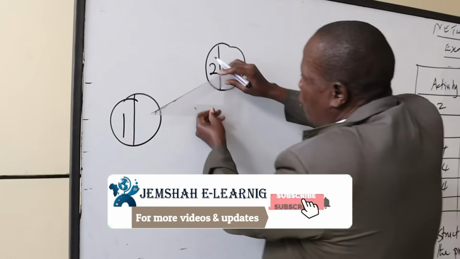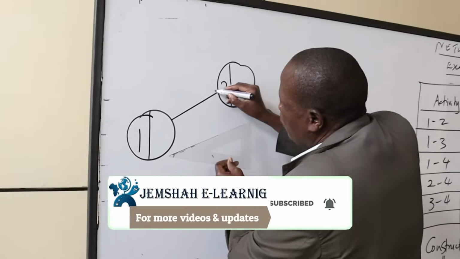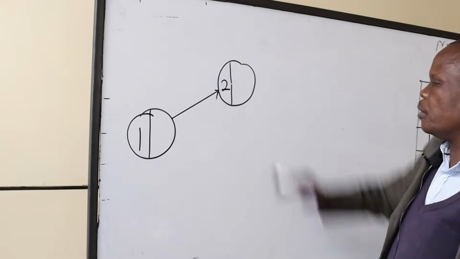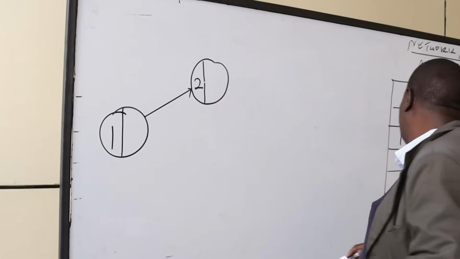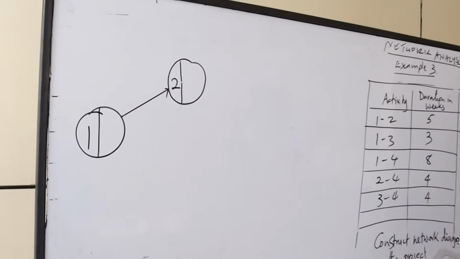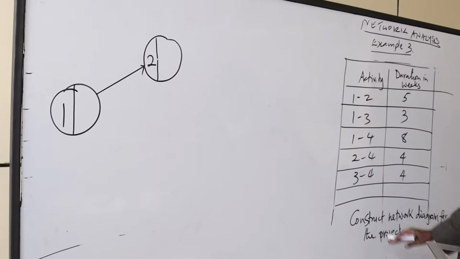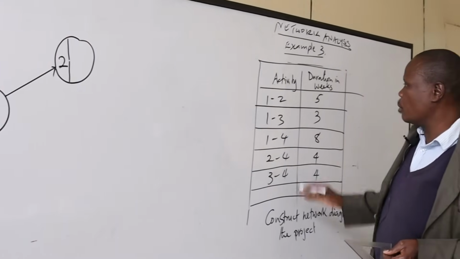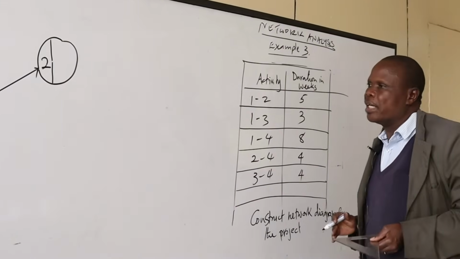Then you draw the arrow. This side we'll use when we'll be constructing the network with the help of the duration. But for the time being, we are only going to use the first column in construction of the network. The other one we'll spare for next time.